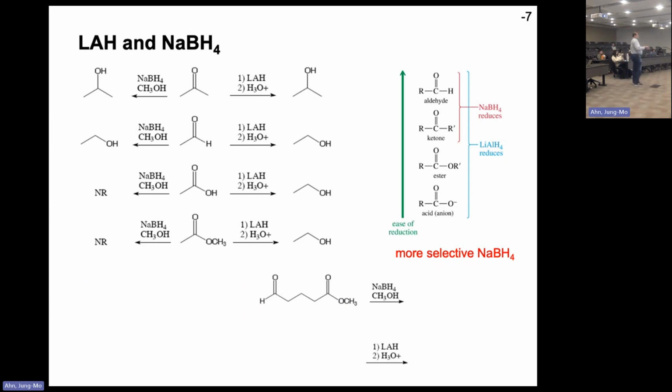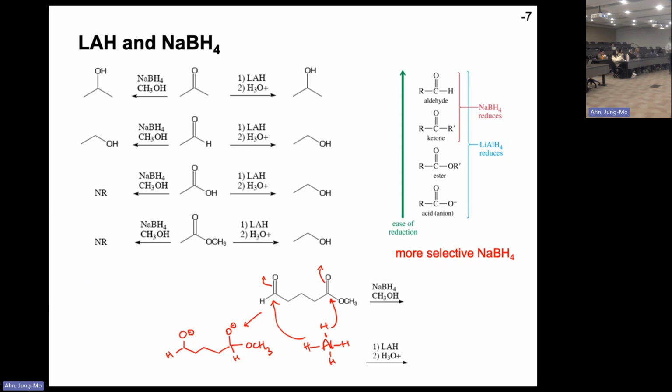There's a carbonyl of the aldehyde, there's a carbonyl of the ester. And the lithium aluminum hydride doesn't care where the carbonyl is. It's basically just going to react with both. So hydride attacking this aldehyde makes the alkoxide, and that's it. Nothing else will happen.